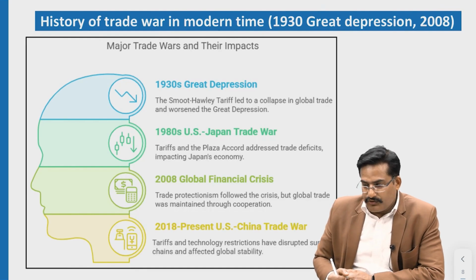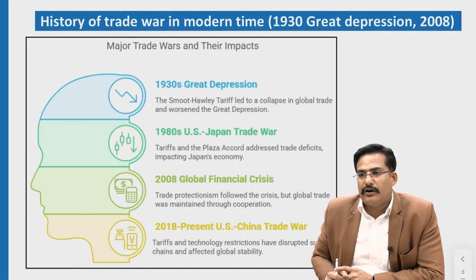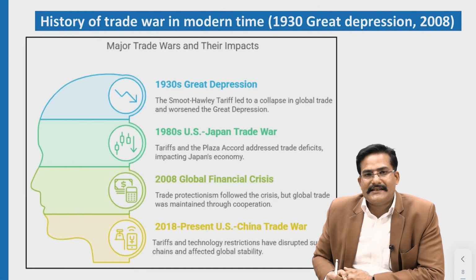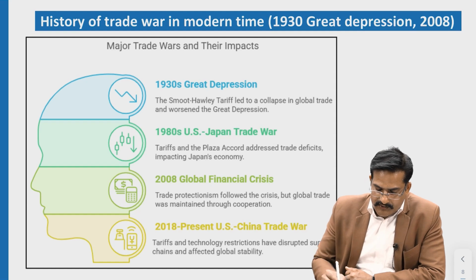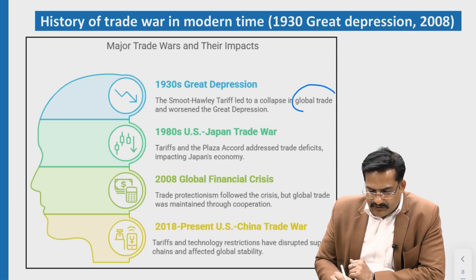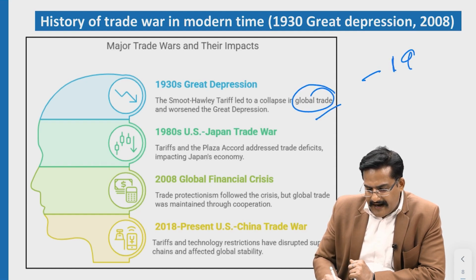Now before going to the weaponization of trade or trade war, we need to discuss the history of all these kinds of friction points in world history, right? In modern times, the Smoot-Hawley tariff led to the collapse of global trade in the 1930s.